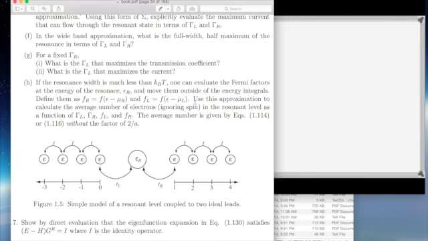T left, G00, since the T's are real. So that's just T left squared times G00. And that's going to be the self-energy.